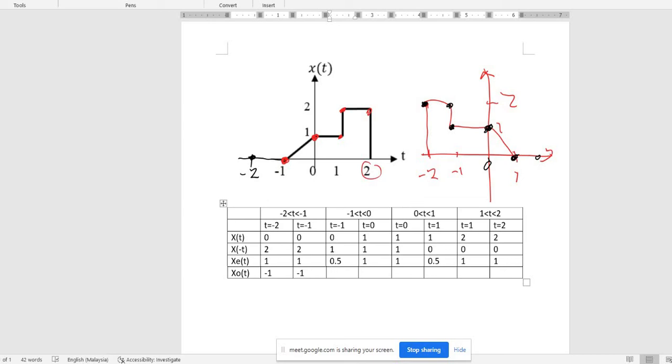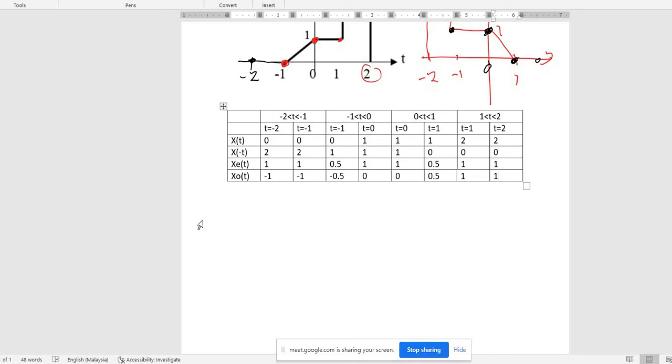Divided by 2, you get negative 0.5. So 1 minus 1, you get 0. 1 minus 1, you get 0. 1 minus 0, you get 1. Divided by 2, you get positive 0.5. And then 2 minus 0, you get 2. Divided by 2, you get 1. This also gets 1. Okay, so you can plot the graph now.